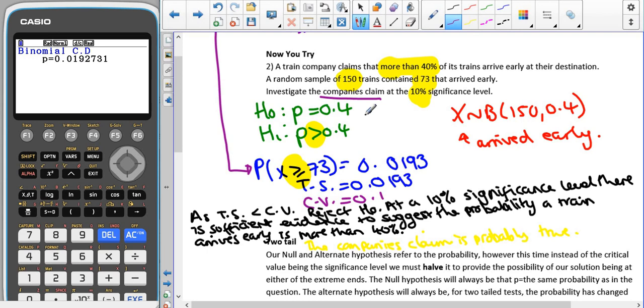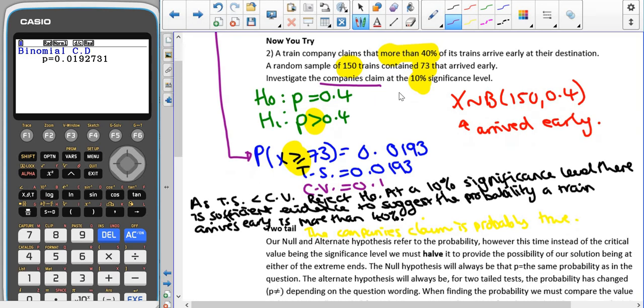And make sure that you don't make any definite statements. Again, in statistics, we've only found that something is probably true or probably false. These could have been 150 specific trains that were looked at. Maybe the sample wasn't random in reality. So we just need to be careful to keep it open. So the company's claim is probably true, not that it's definitely true.